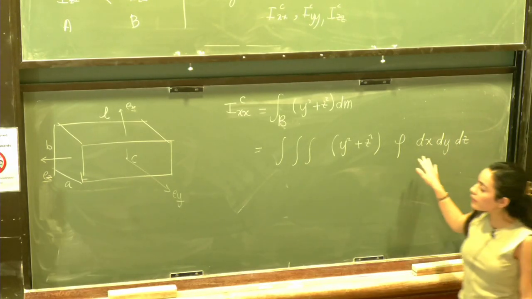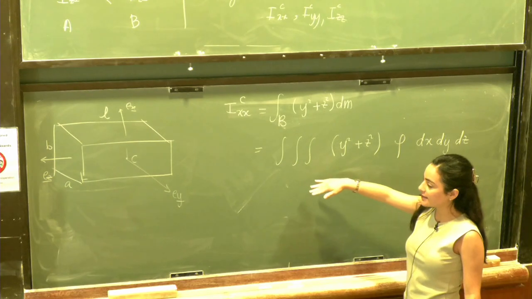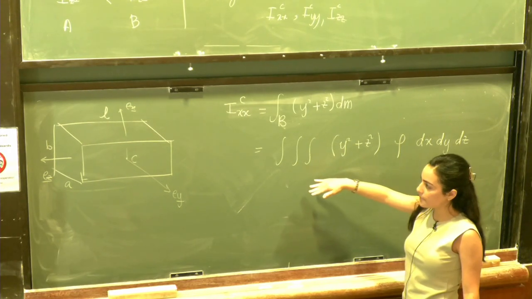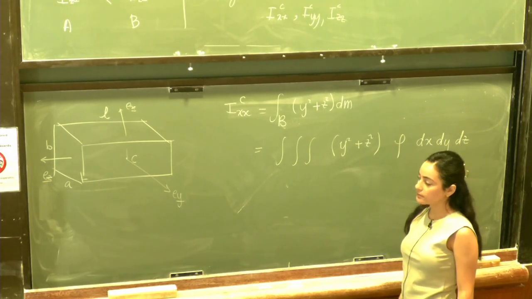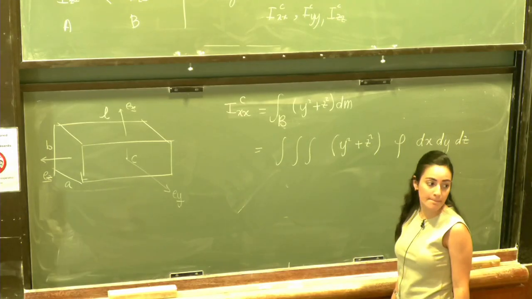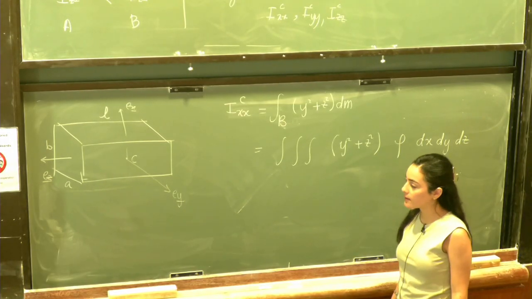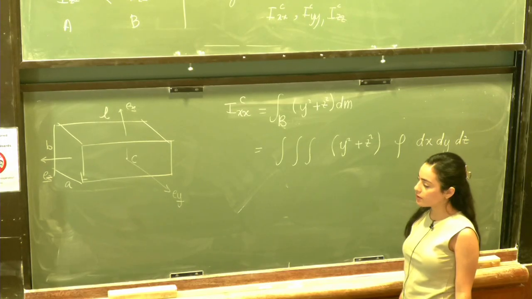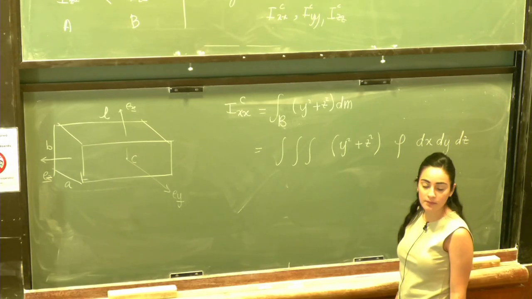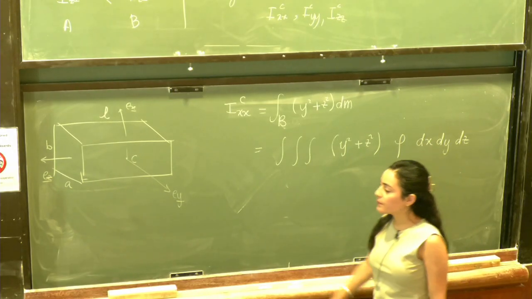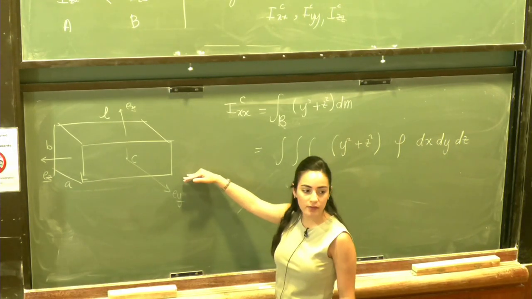So what are the boundaries for dx? X goes from where to where? No, not 0. C is the center of mass. So x goes from this plane, x is equal to what?